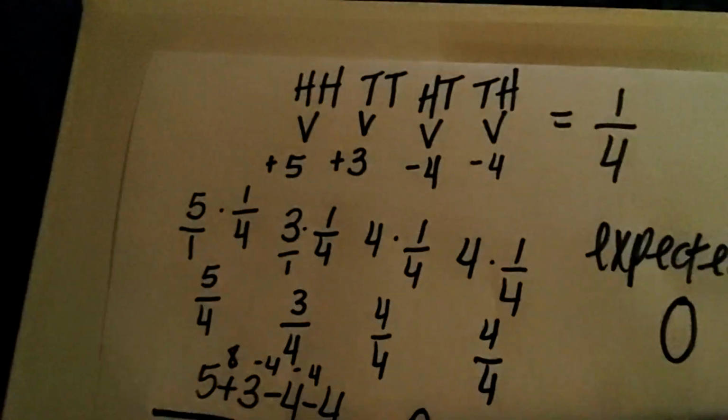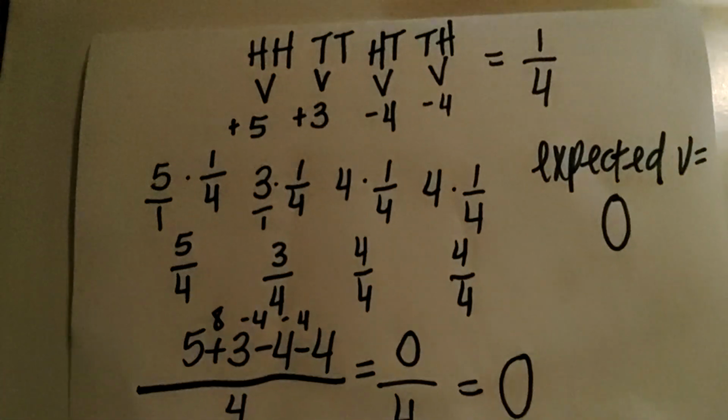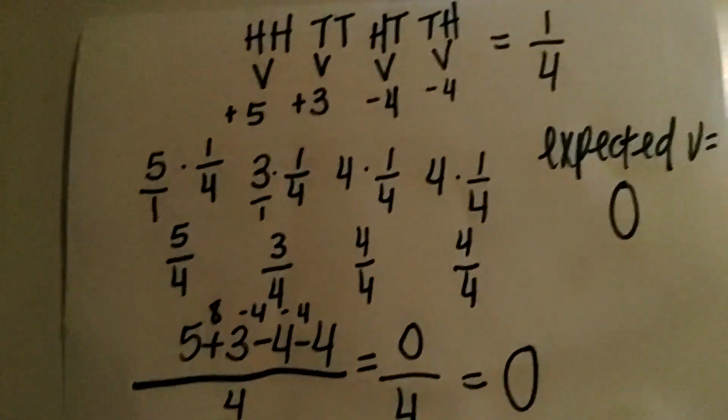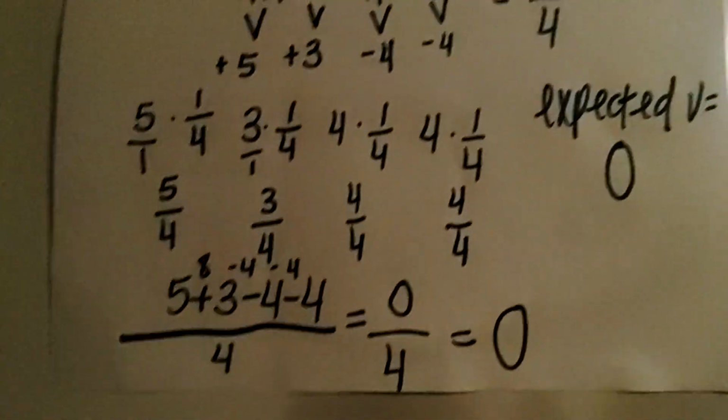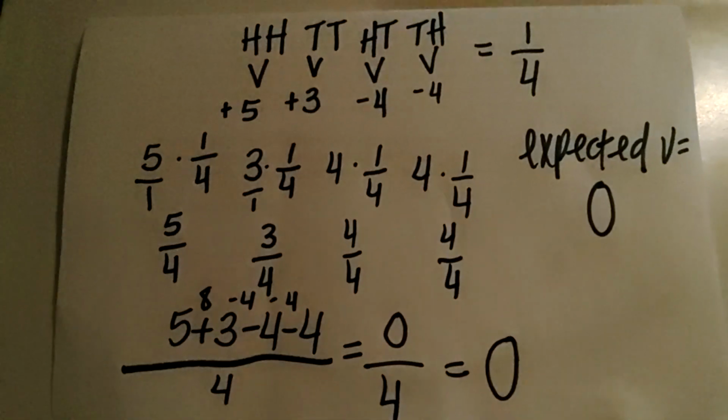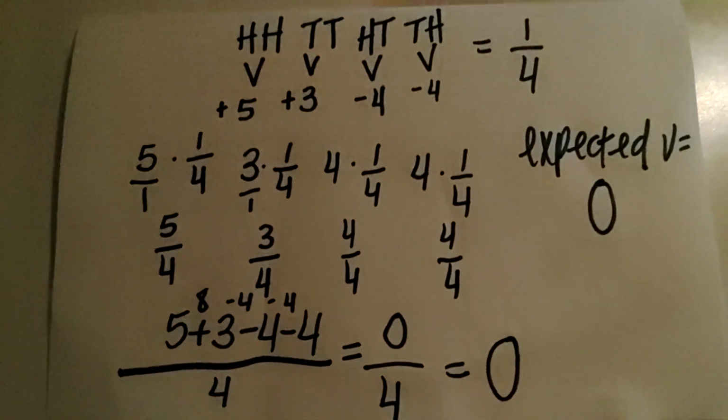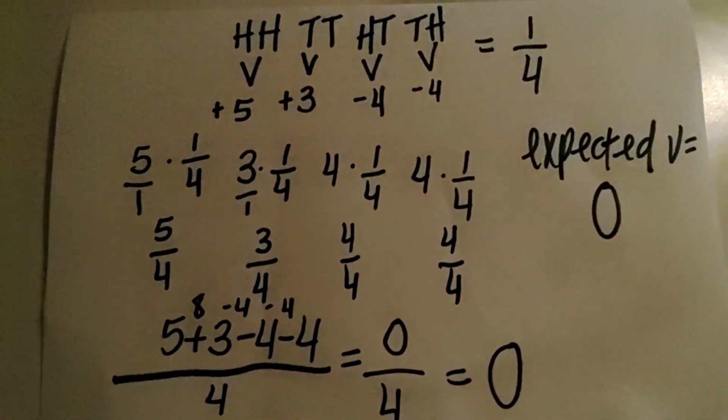Now, I went fast on this one because it's a simpler question. But does that mean it's simple to you? No, not at all. There will always be time for practice. There will always be more time to get better.